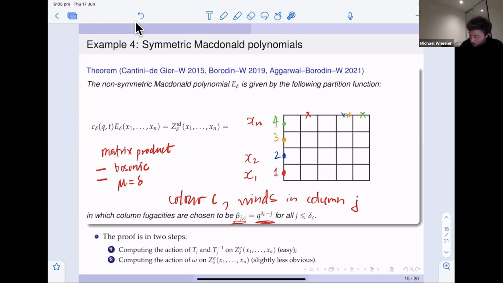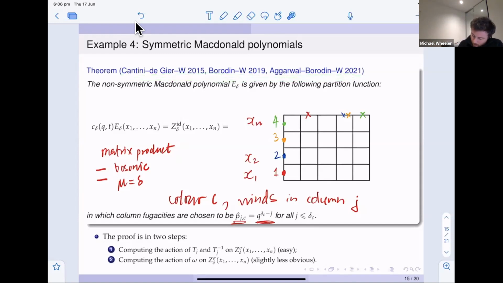The claim is that if you do the same types of computation using the fermionic vertex models, you also get non-symmetric Macdonald polynomials. And the fermionic version is nicer in the sense that the windings around the cylinder are now just finite windings. Every single particle can either wind or not. So it's really a very finite object and very easy to compute. This is really, I guess, the history of this result.